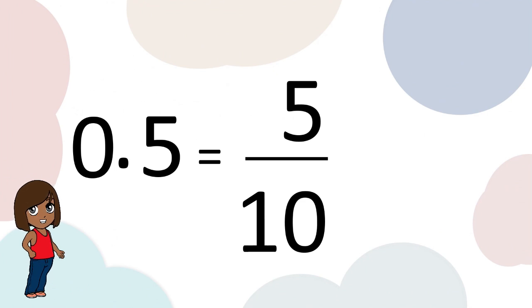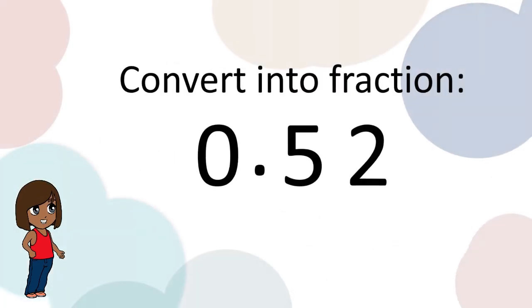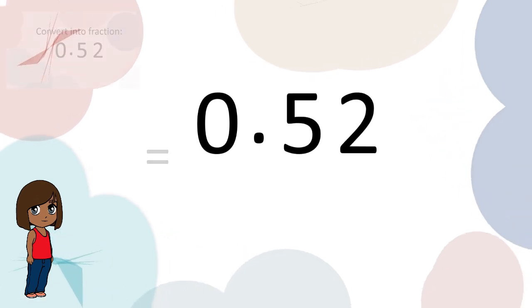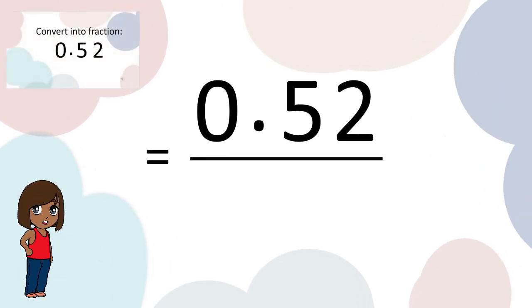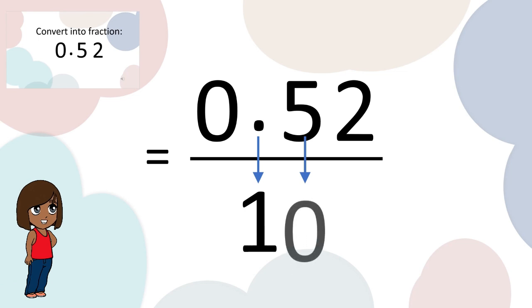For the questions coming up, you could pause the video and try getting to the answer first. Let us take another example. Convert 0.52 into a fraction. For denominator, put a 1 below the decimal, a 0 below each of the 2 numbers after the decimal.